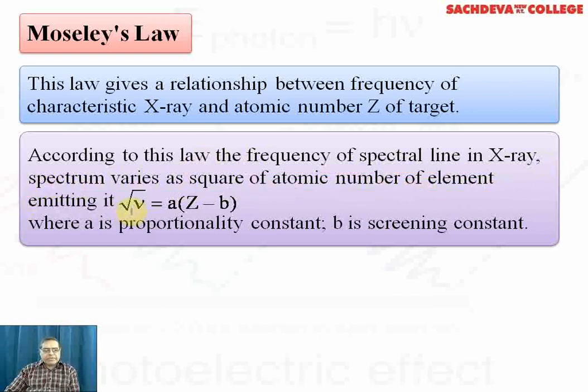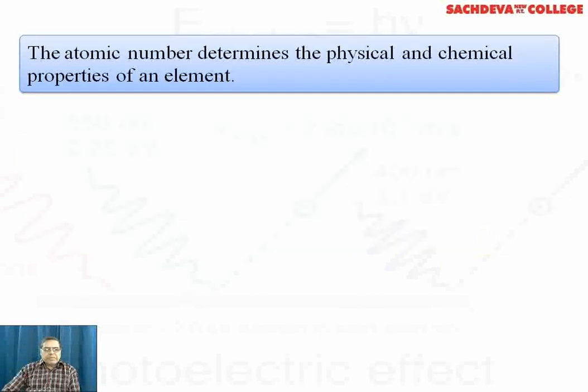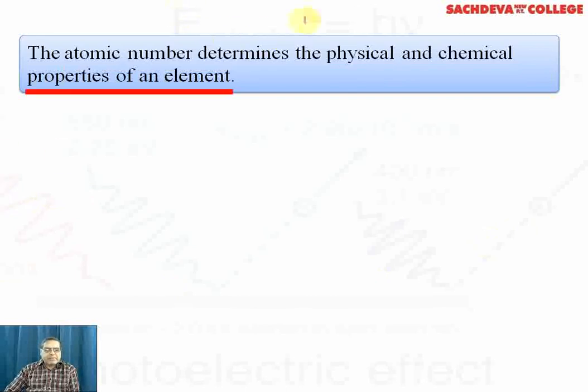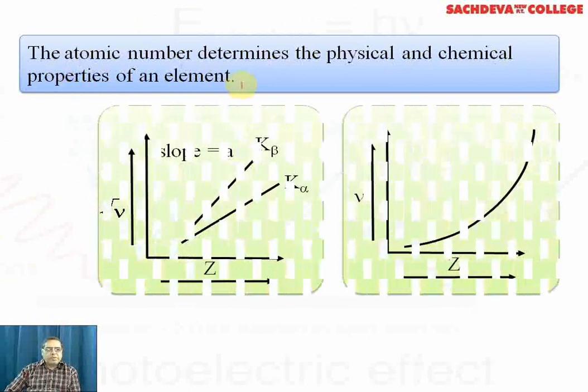So the frequency emitted is: square root of nu is equal to A into (Z minus B), where A is a proportionality constant and B is a screening constant. The atomic number determines the physical and chemical properties of the element. This is what I have explained earlier in Moseley's law.